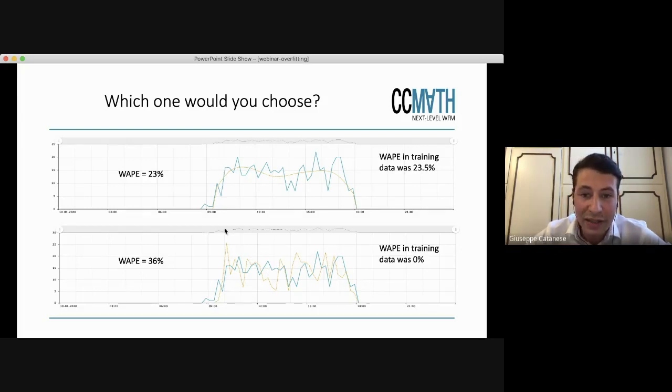But actually, this did not work, since if you just copy the past into the future and plot your previous graph, you achieve a worse WAPE, a worse accuracy. And this is basically what happened. The training set was relative to just the previous day. It was copied into the future.